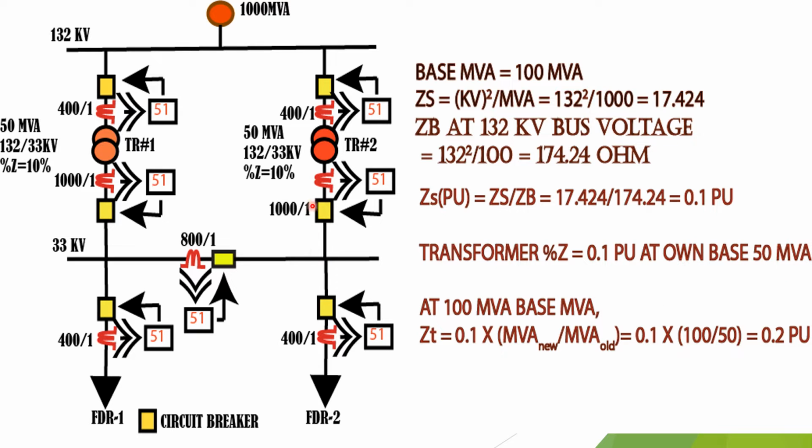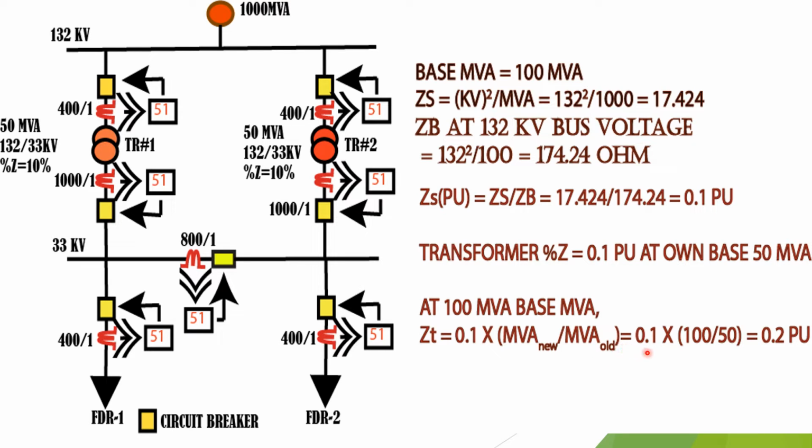So this percentage impedance or per unit impedance of the transformer, we have to convert in terms of the base MVA, which is considered as 100 MVA. So the formula for converting the per unit impedance in terms of new MVA base is given by ZT equal to 0.1, the per unit value of the impedance of the transformer, into MVA base new by MVA base old.